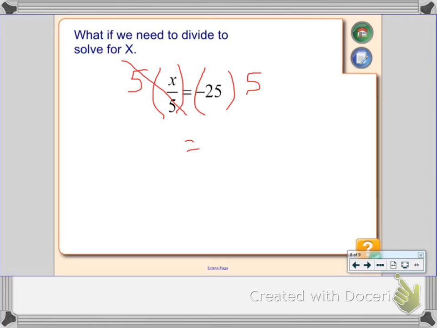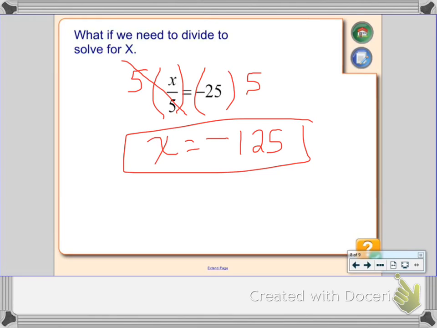We know that these 5's are going to cancel. Dividing by 5 and multiplying by 5 give us the same answer that we began with. It's going to leave us just with that x, which is what we want. And then here I have negative 25 times 5. A negative times a positive is a negative. And 25 times 5 is 125. So that means that x has a value of negative 125.